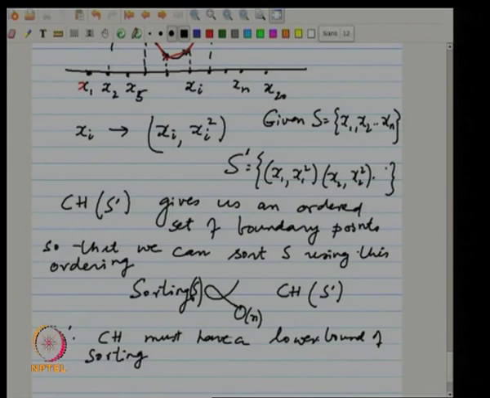Otherwise, I could reduce sorting to convex hull and then sort it faster than the lower bound for sorting, which cannot be, right. So, the lower bound for sorting must also be applicable to the lower bound of convex hull.